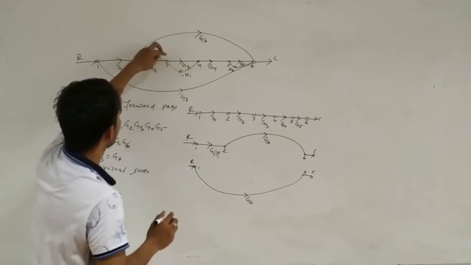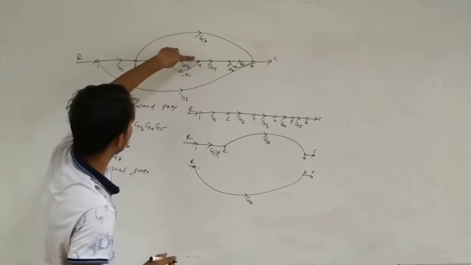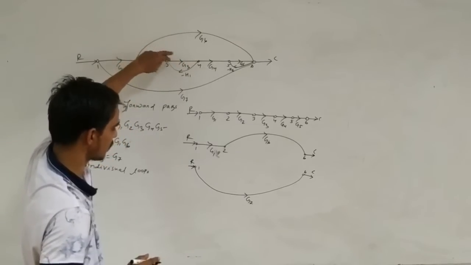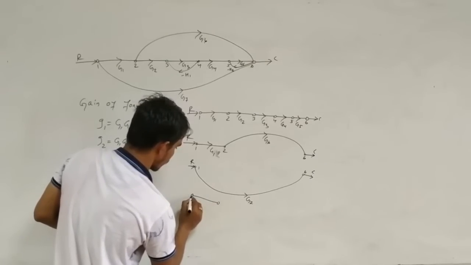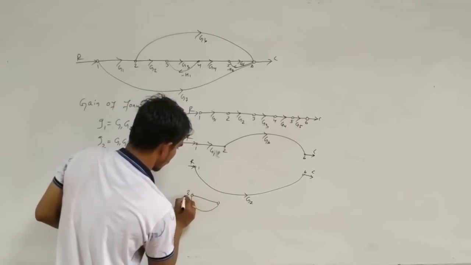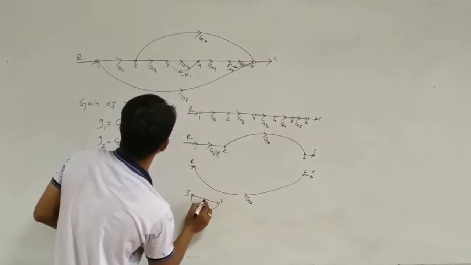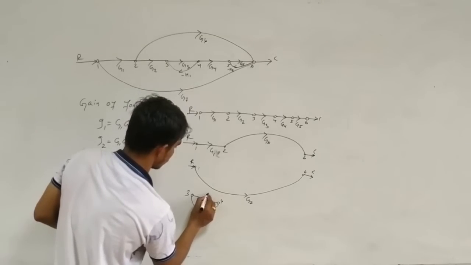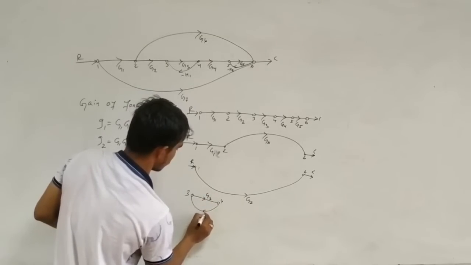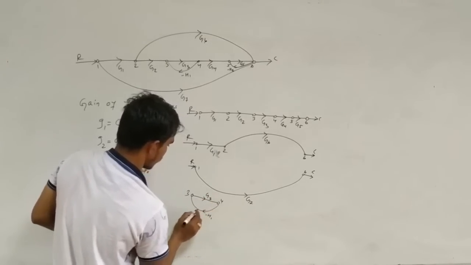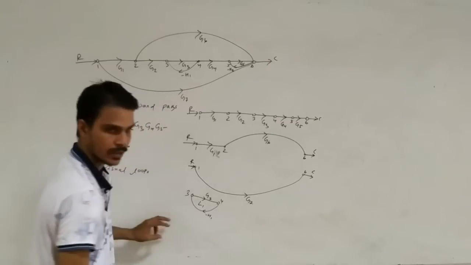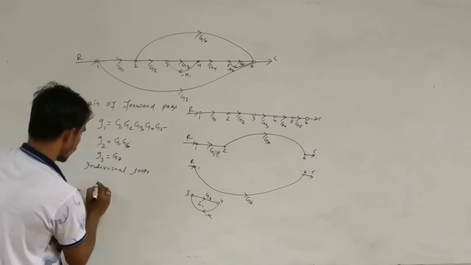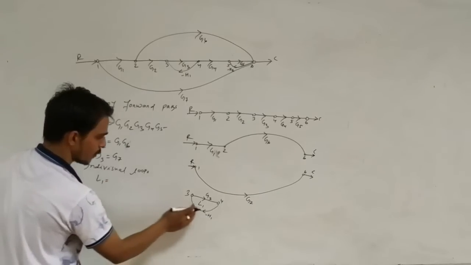See, this can be a loop from node 3 to node 4 and again coming back to node 3. So node 3 to node 4, then this is G3, this is minus H1. Okay, this can be a loop. So suppose say this is L1, loop 1. Loop 1 gain will be what?